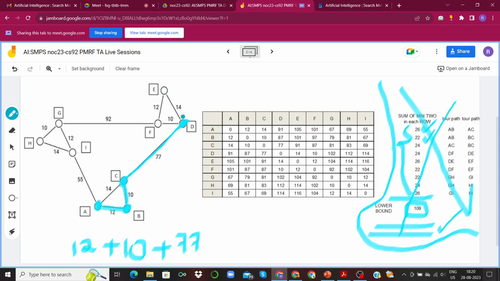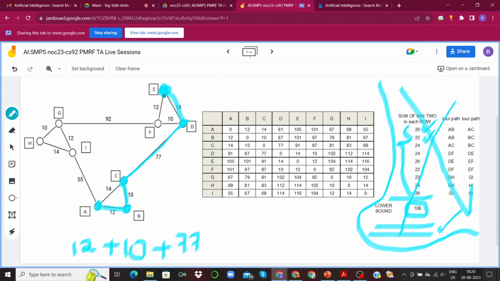Because you can't go back to D, you can't go back to F, and you will be stuck over there. And if you want to cover the rest of the nodes, you will have to go back to F, which again violates the constraints of the traveling salesman problem. So even though 14 is not the least cost edge over here, we are still going to take the 14 edge from D to E.